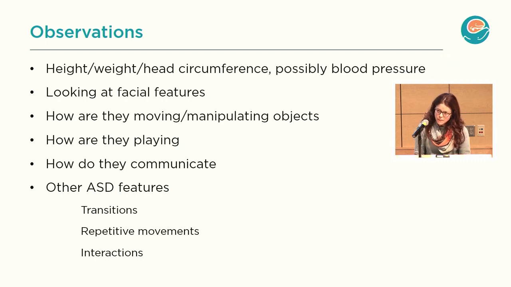How do they get from the waiting area to the office space? Is that difficult? And all of this gives us a way of determining how the child is doing, just in health and wellness, looking at that child, but then also how is autism spectrum affecting that child? And that's what we consider to be our observations and examination.